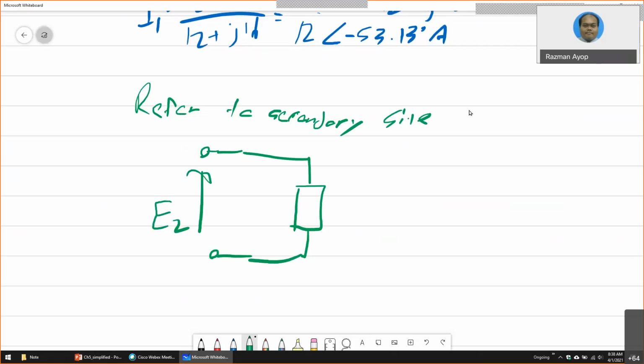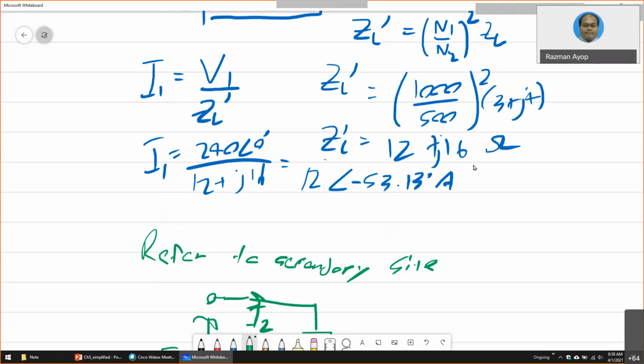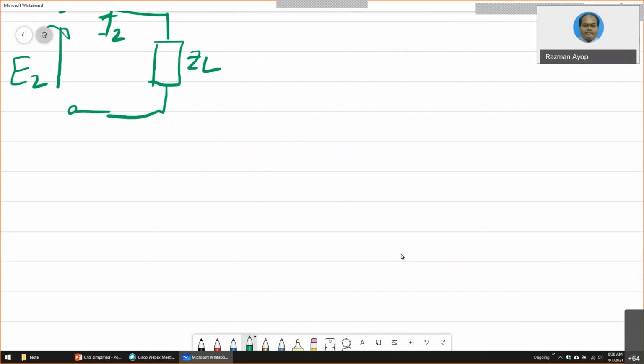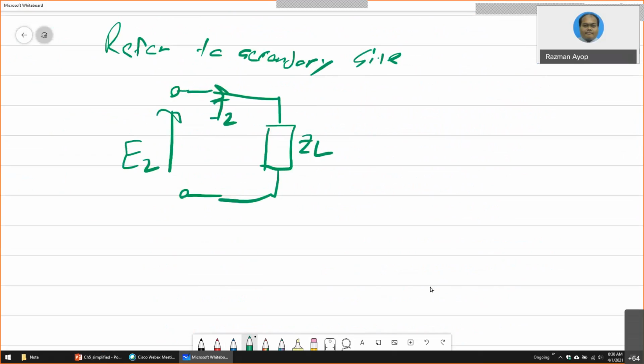Then you have I2 and then you have the ZL. This is referred to the secondary side. Because there is no other impedance, if you look here, only the voltage and current parameters just bring to the secondary side. So just draw like this. And then you have to show what E2 is.